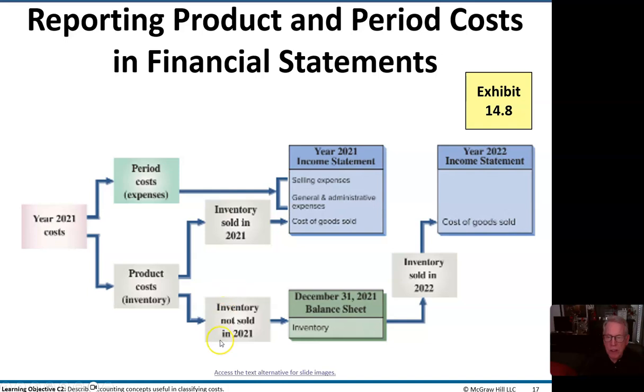But the inventory that's not sold remains in inventory, and that inventory can be raw materials inventory, work in process inventory, or finished goods inventory. But eventually we will sell that inventory, and it will appear in the next year's income statement.